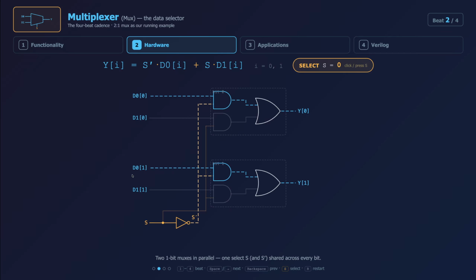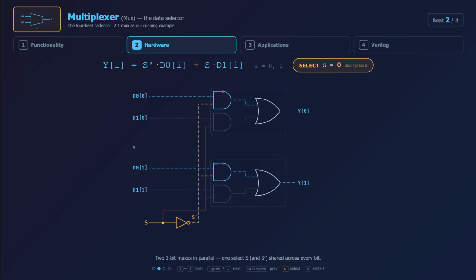So D0 has the most significant bit, which is a 1, and the least significant bit, which is a 0. And we have essentially a stamped version of the multiplexer hardware for each bit. All right. So I like to think of D0 as the data line with 2 bits.